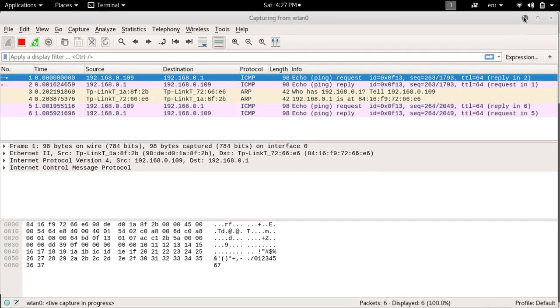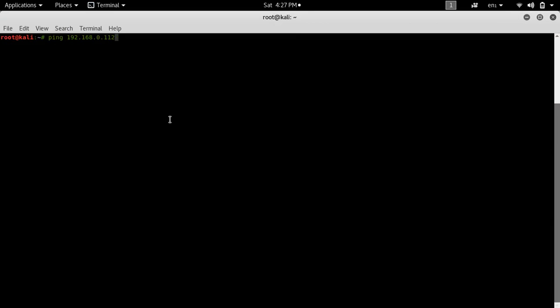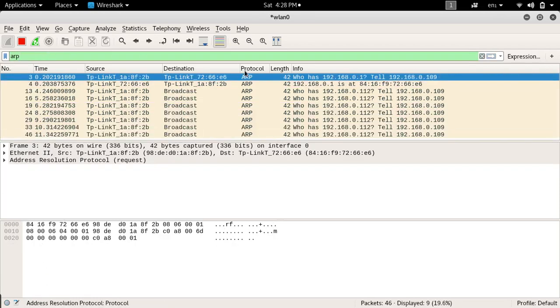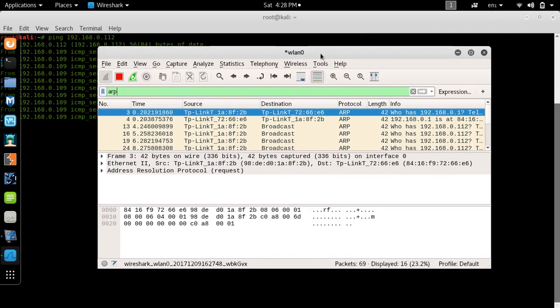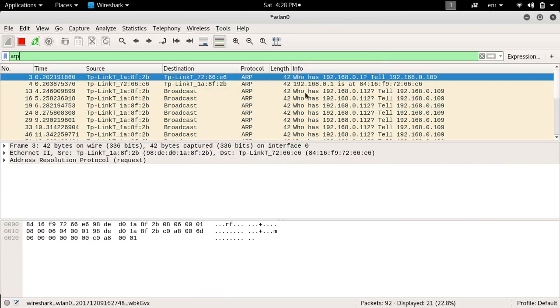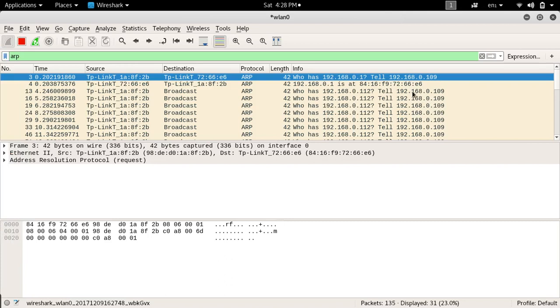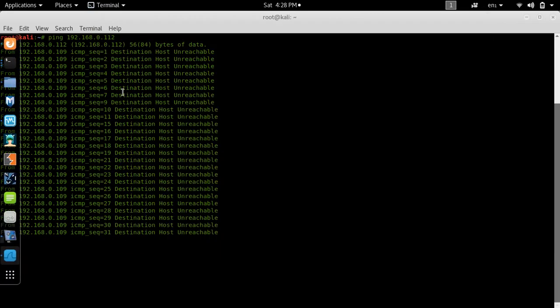As soon as I ping, in Wireshark, if I look for the ARP packets, so many packets are using the ARP protocol. As you can see here, we sent a request for 192.168.0.112, and it is sending a message with information like who has this IP address, tell this to 192.168.0.109. This 192.168.0.109 is my own IP address.